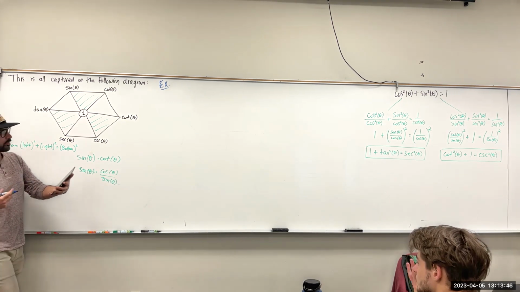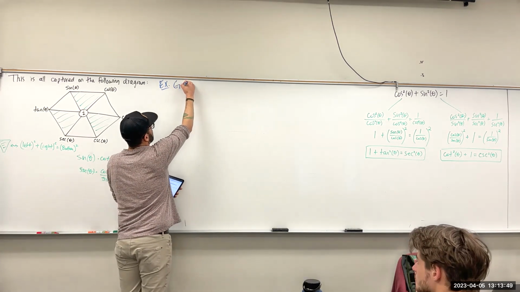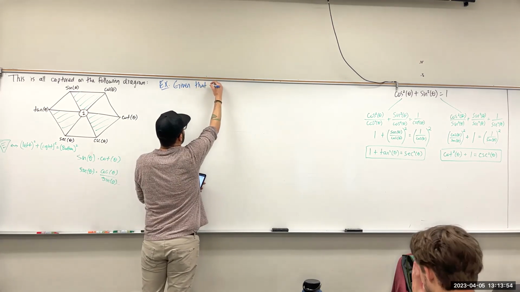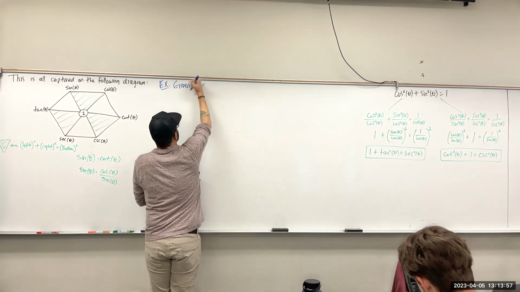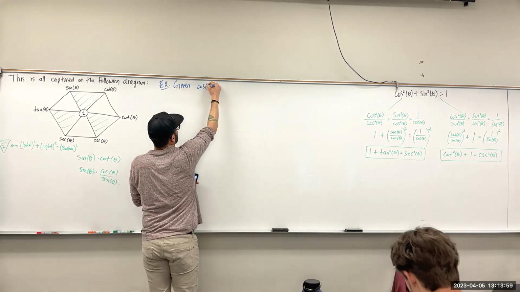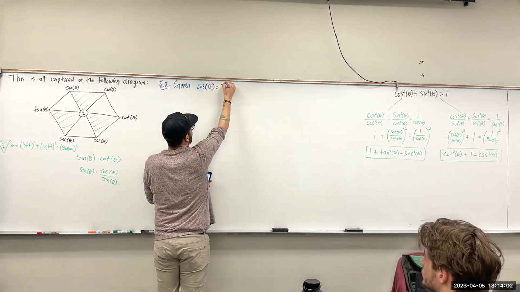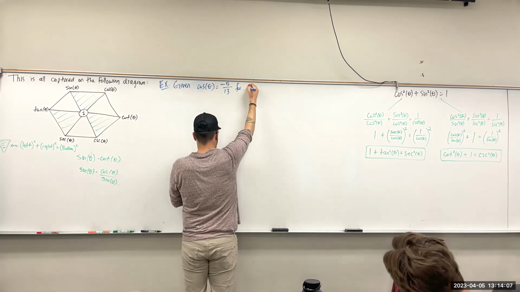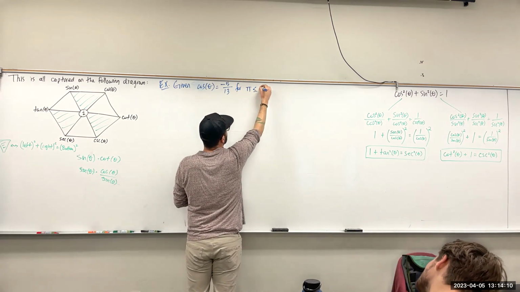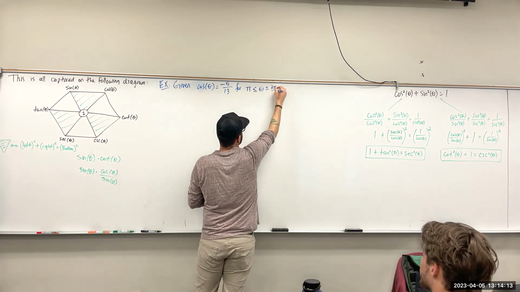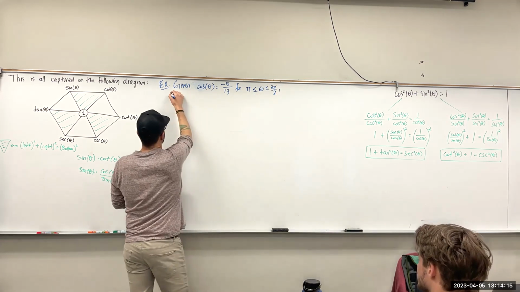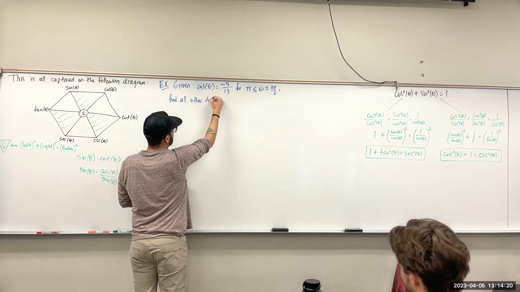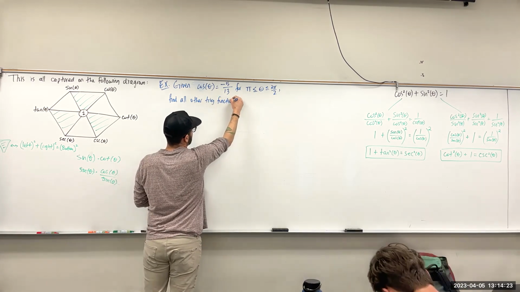Okay, let's take a look at an example that you'll see similar to your homework. It says, given cosine of theta equaling -5/13, for theta being between pi and 3 pi/2, find all other trig functions at theta.